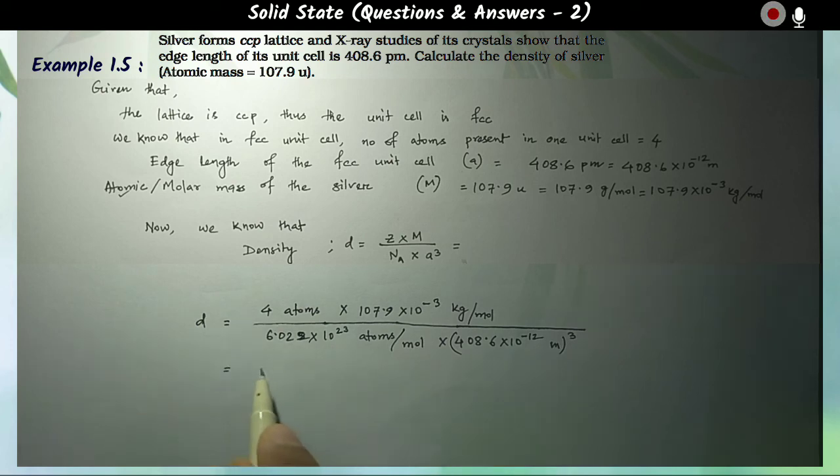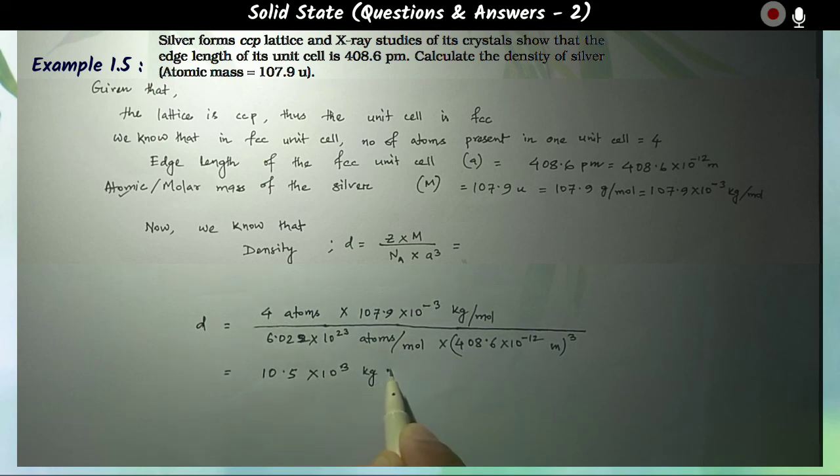By using mathematics we get 10.5 into 10 to the power 3 kg per meter cube. So the density of the solid substance, silver, is equal to 10.5 into 10 to the power 3 kg per meter cube.